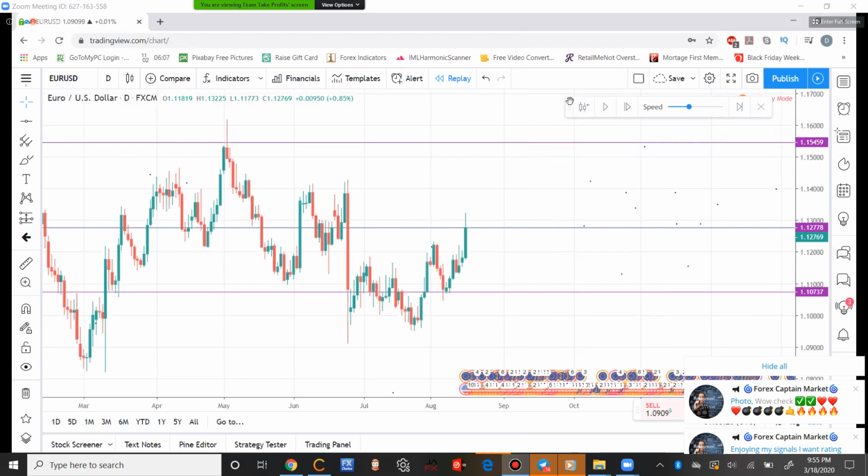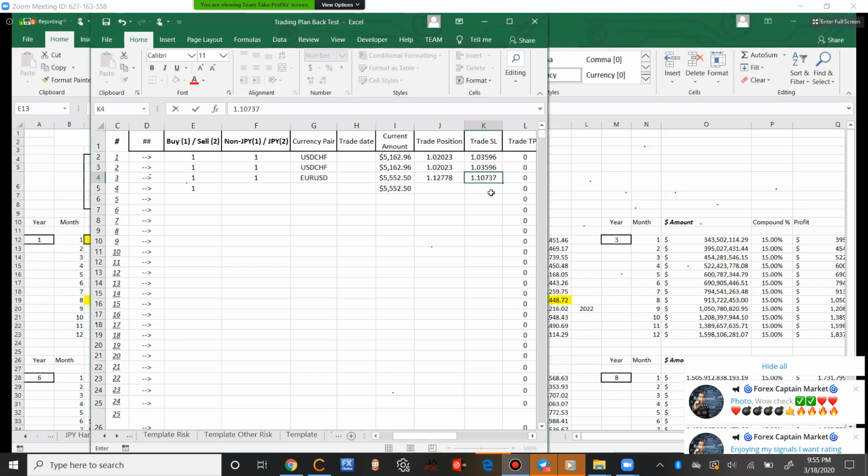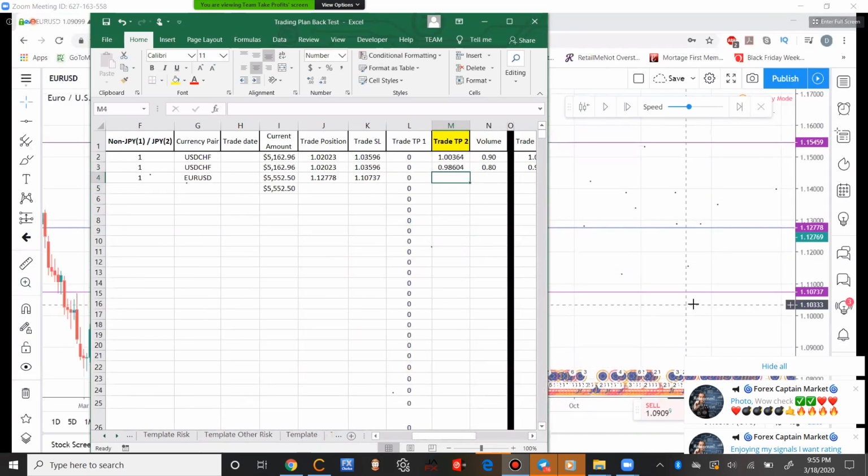Okay. And take profit is going to be 1.15459. Okay, there we go. And I'm just going to make that both.